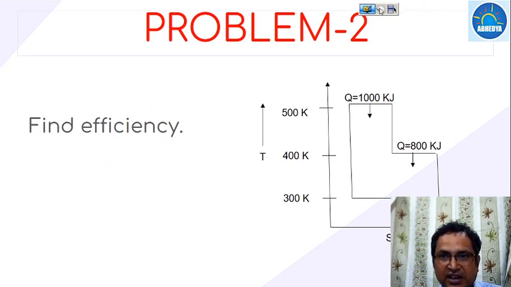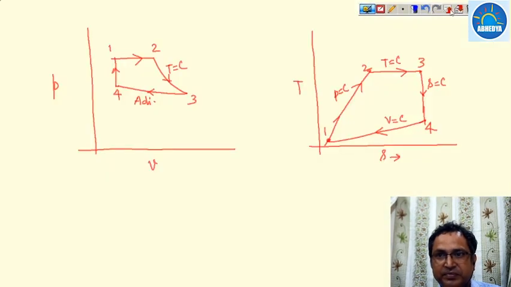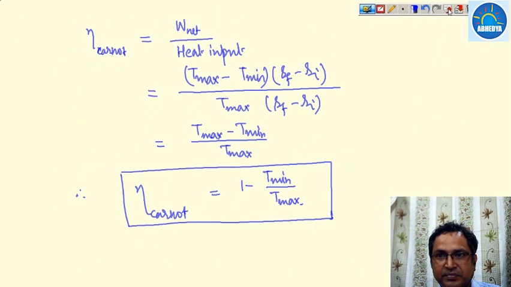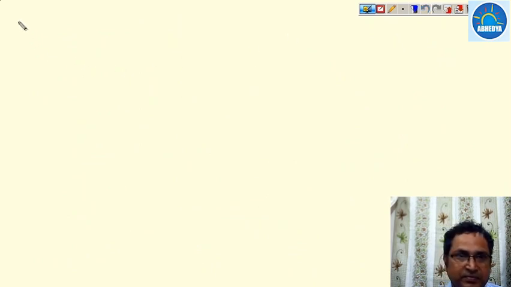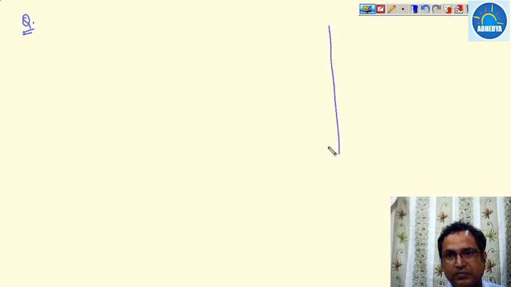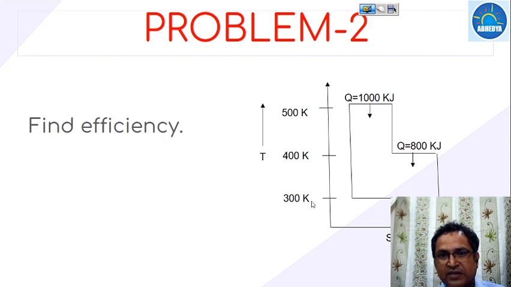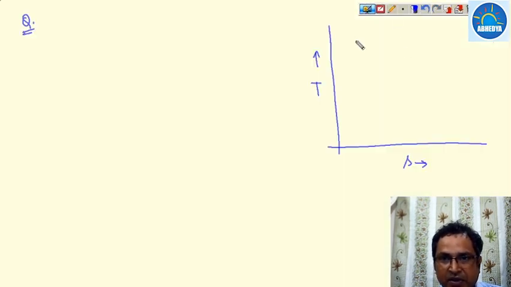So now let us see how to solve this question. This is the TS diagram from 300 to 500, and this is an L shape. First we just draw the TS diagram.